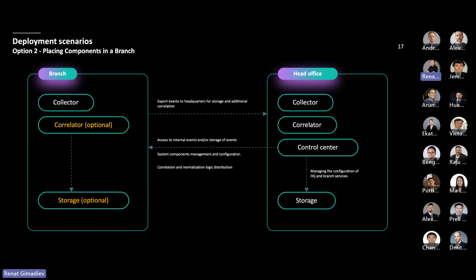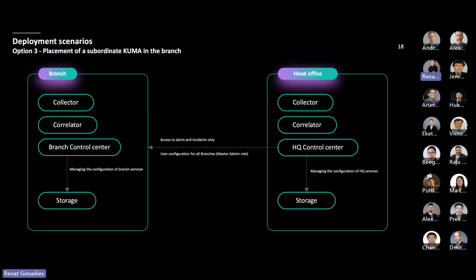So the third option is to use KUMA in hierarchical mode. So we have a main KUMA SIEM deployment, and we have the same deployment in each of our branches.